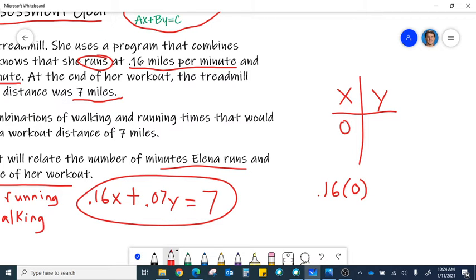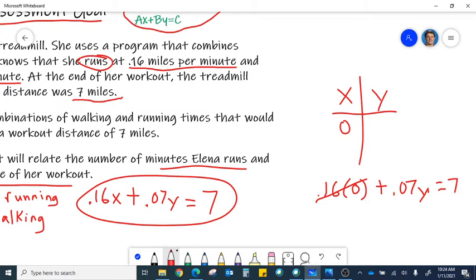So I plug in 0 for x and get 0.16 times 0 plus 0.07y, and that equals 7.